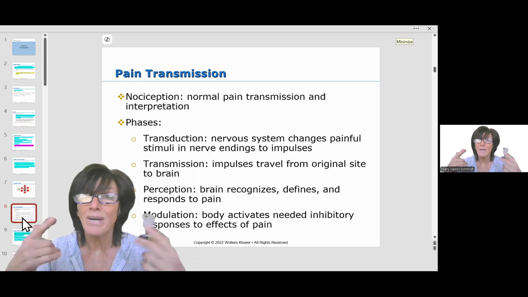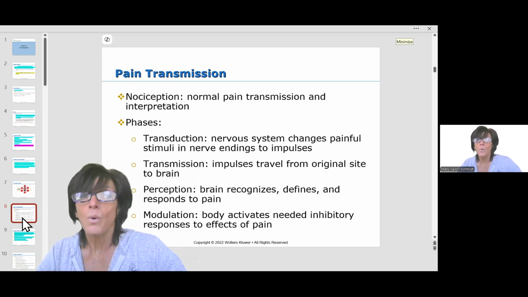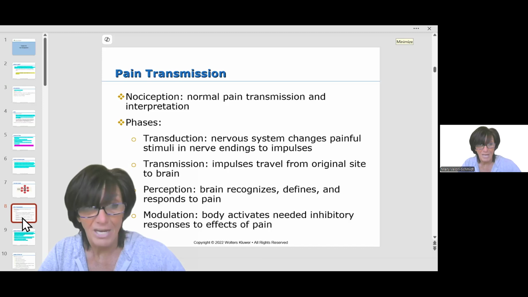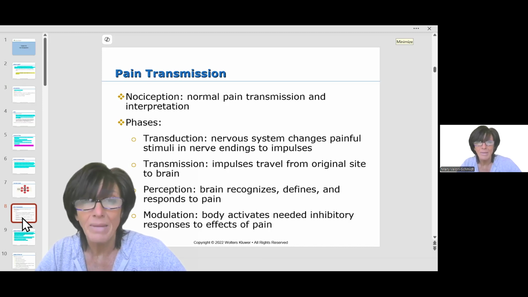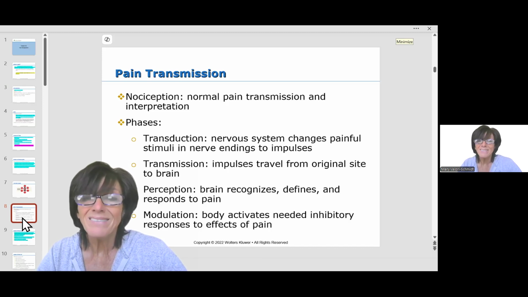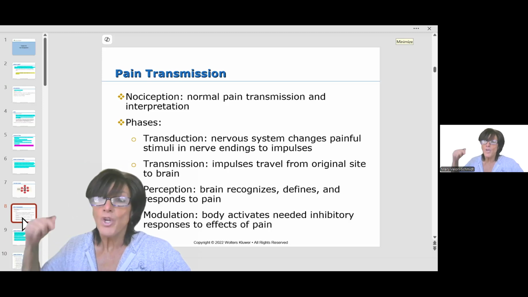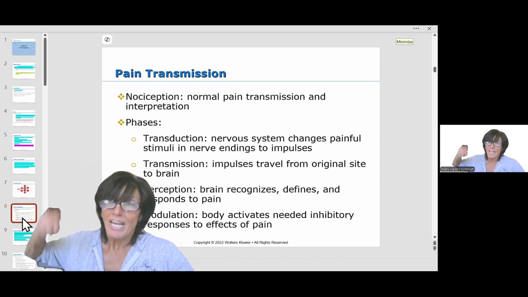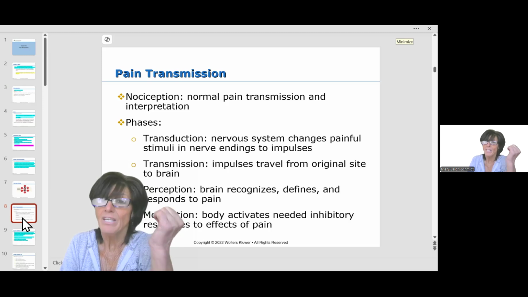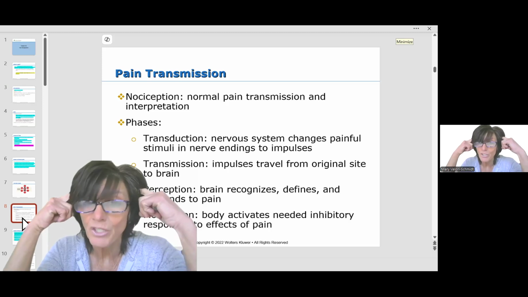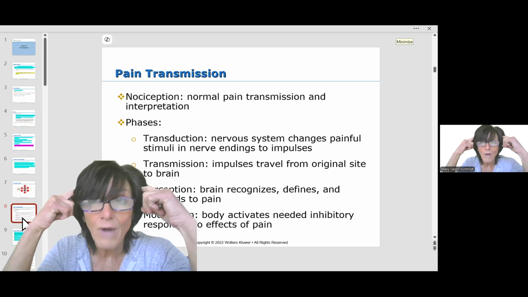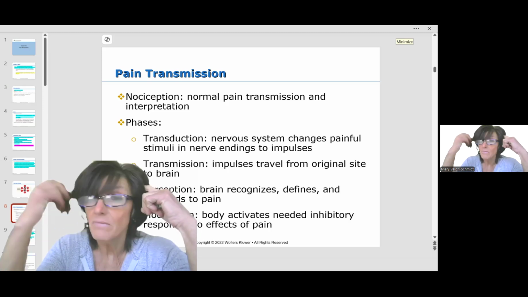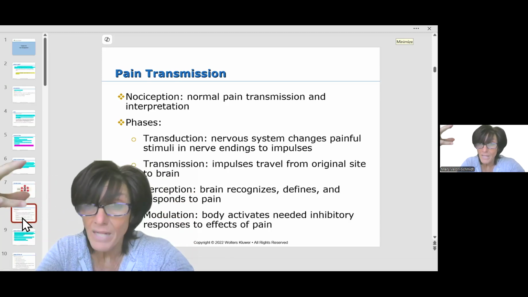So how does pain get transmitted? There's something called nociceptive pain, which we're going to talk about, the different types of pain, in a minute. But transduction is when the nervous system changes whatever the painful stimuli to impulses, and the transmission goes to the brain. The brain recognizes it, defines it, that's your perception, and responds to it.